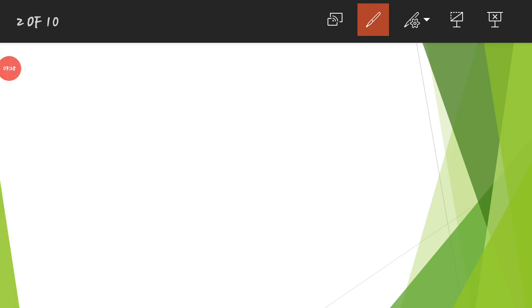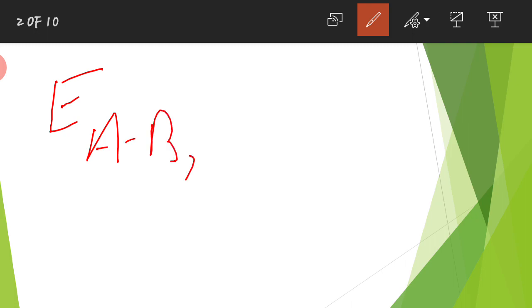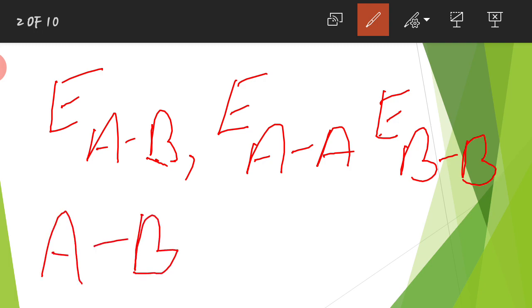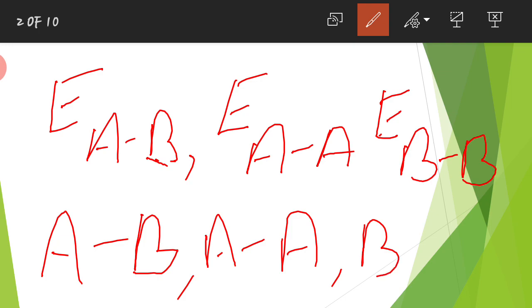Here E A-B, E A-A, and E B-B are the bond dissociation energies of the bonds A-B, A-A, and B-B respectively.